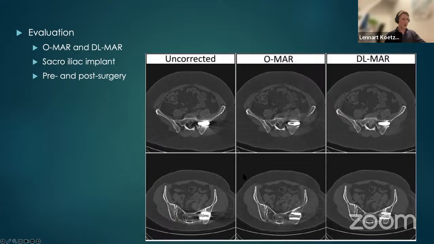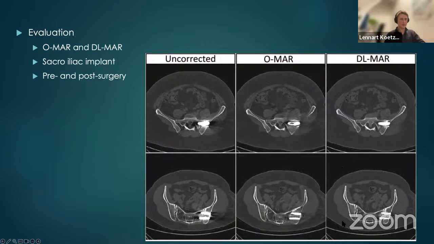This is how OMAR performed. We can see some small streaks in surrounding tissue, but the streaks are quite well reduced. However, you can see there's a secondary artifact here in the metallic object.